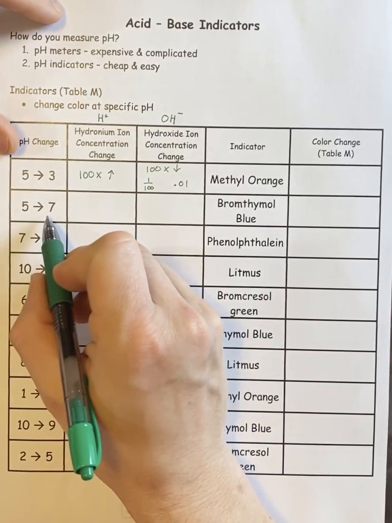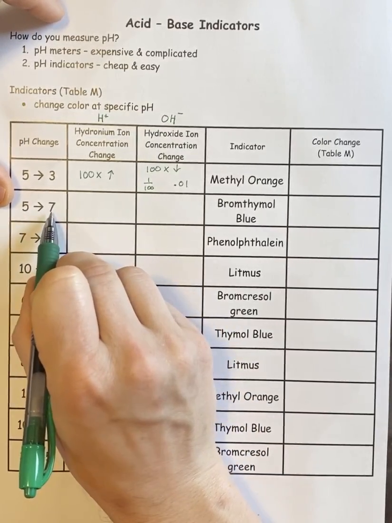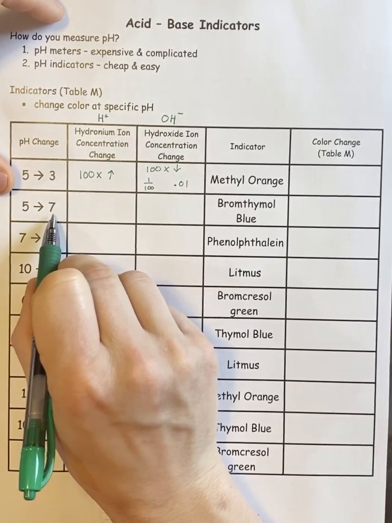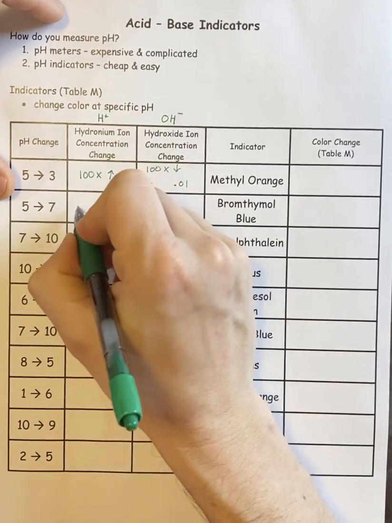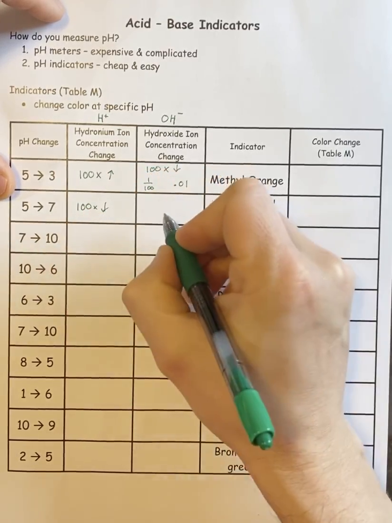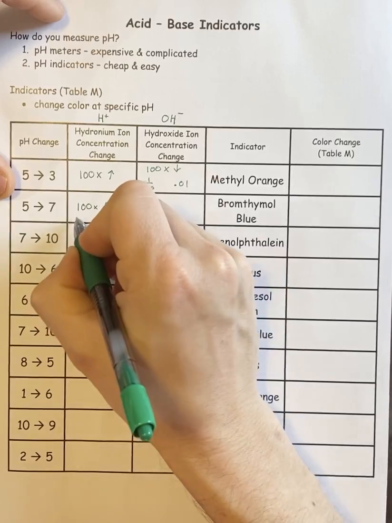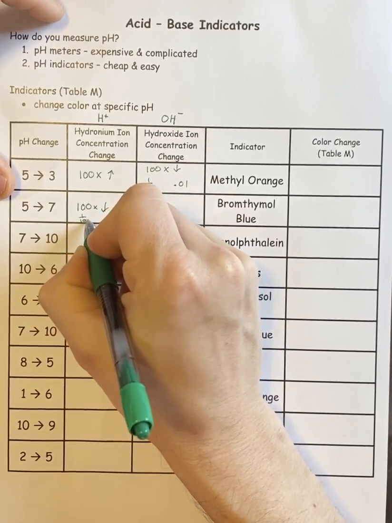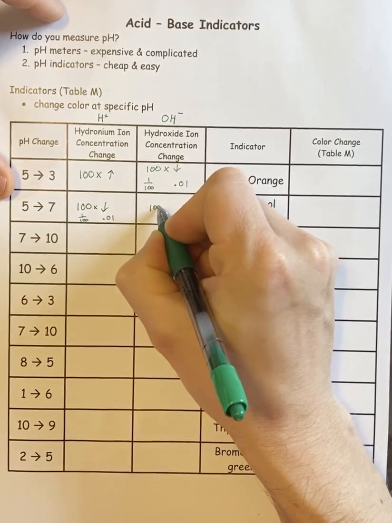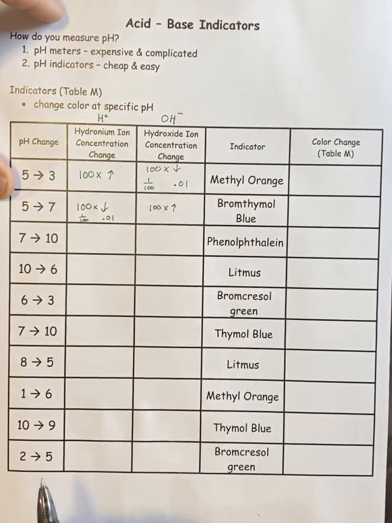So 5 to 7, turns out since it's going up or away from 1 or towards 14, whichever way you want to look at it, the acid would be becoming less acidic. So it would actually be a 100 times decrease followed by a fraction of 1 over 100 and a decimal of 0.01, or a 100 times increase.